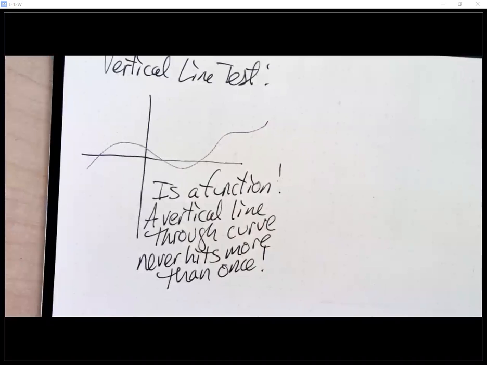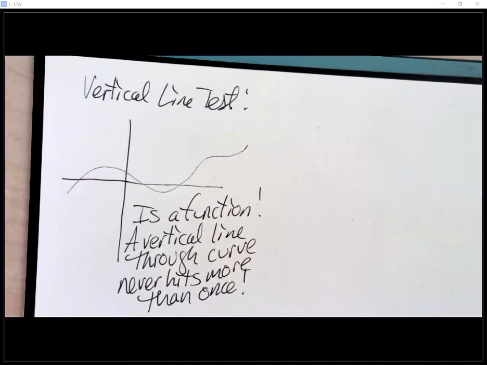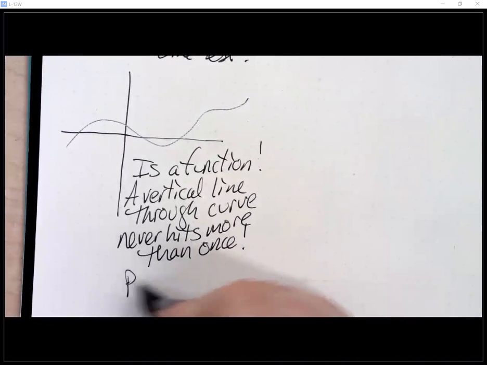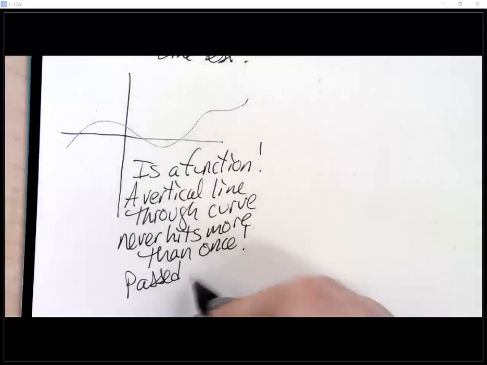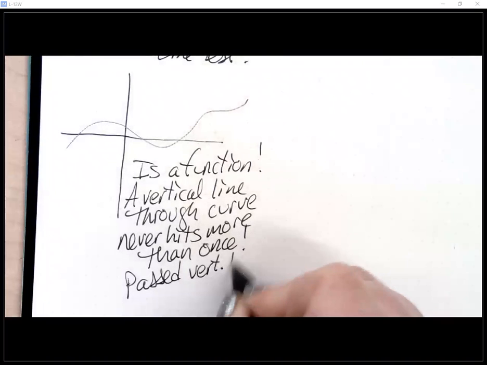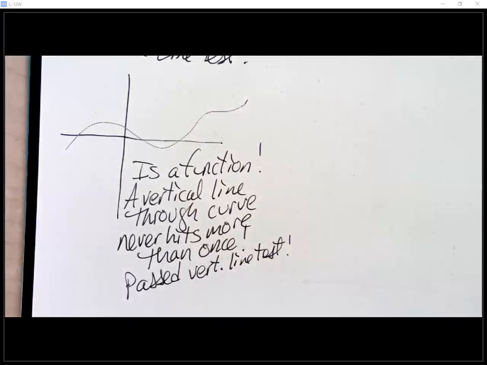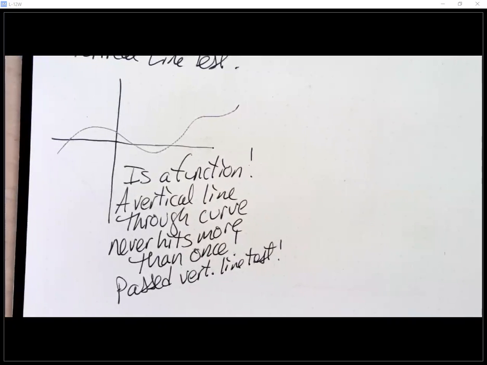A vertical line through the curve never hits more than once, so it passed the vertical line test. So that's what it means to pass, is that it never hits more than once, so I do have a function.